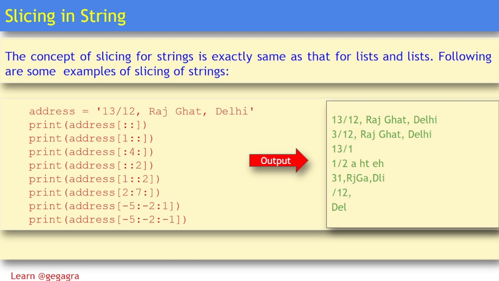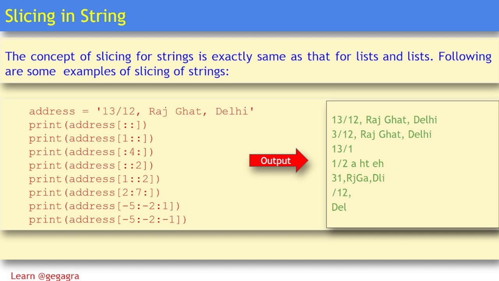So it will drop one character in between. And here the string should be extracted starting from index number 1, with a gap of 2, and it will go till the end of the string, and that is why it will show this part of the string, or you can say the slice of the string.